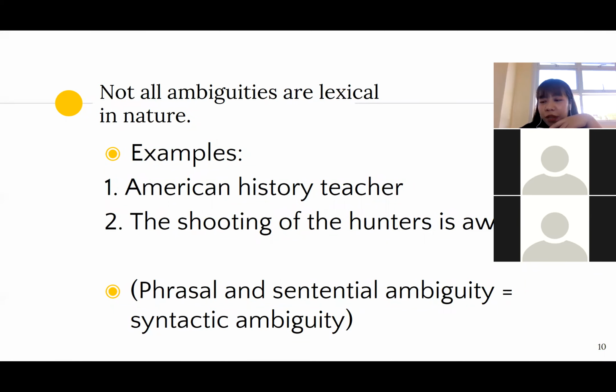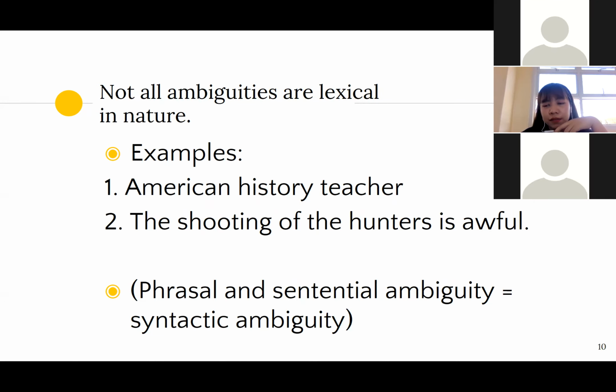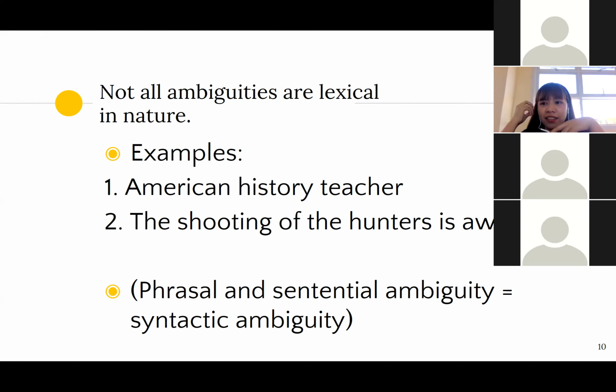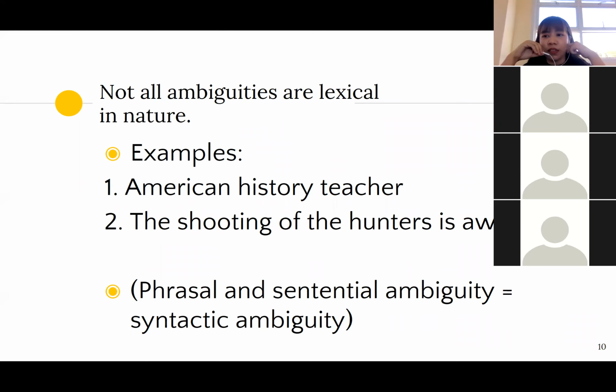Sige, Sir Awing, Michael. Okay, ma'am, my interpretation is that an American teacher who teach a history subject. Okay, sige. That's correct. Thank you, Mr. Michael, for your answer. Other answers pa? Who has other interpretations?